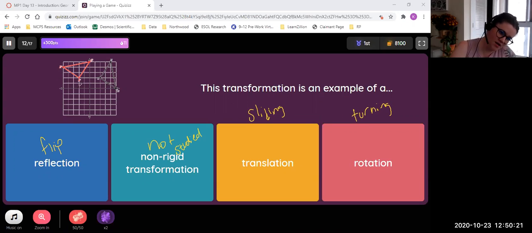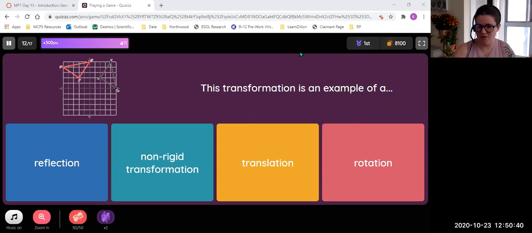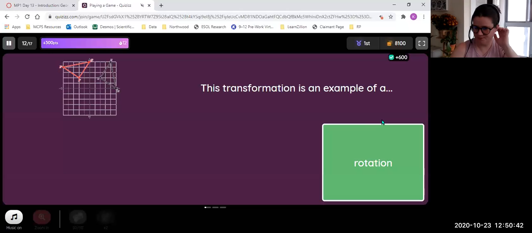Right? This one is not flipping because there's definitely a different orientation. It's not in the same angle, right? It is rotating or turning. All right. So that is why it is this one.